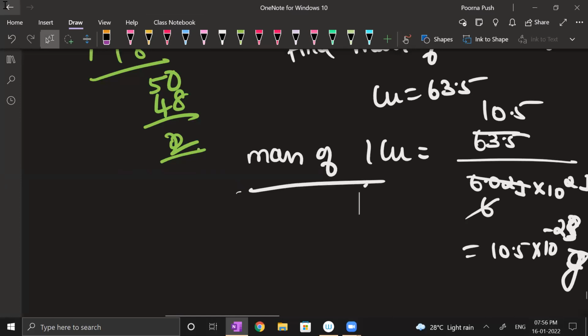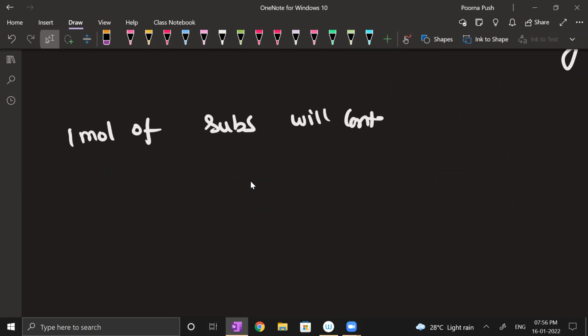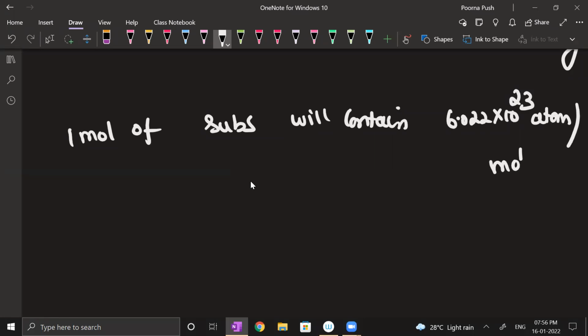So we saw how to find the number of moles, how to find the given mass, and how to find the mass for one atom or one molecule. 1 mole of any substance will contain 6.022 into 10 power 23, the Avogadro number of atoms or molecules.